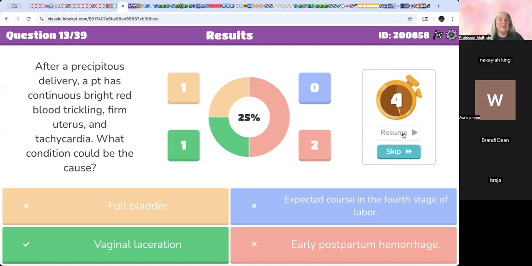So we could give her oxytocin, we could give her Cytotec or misoprostol. There are two others we could give for uterotonics. We think about medicines that are going to make it squeeze.